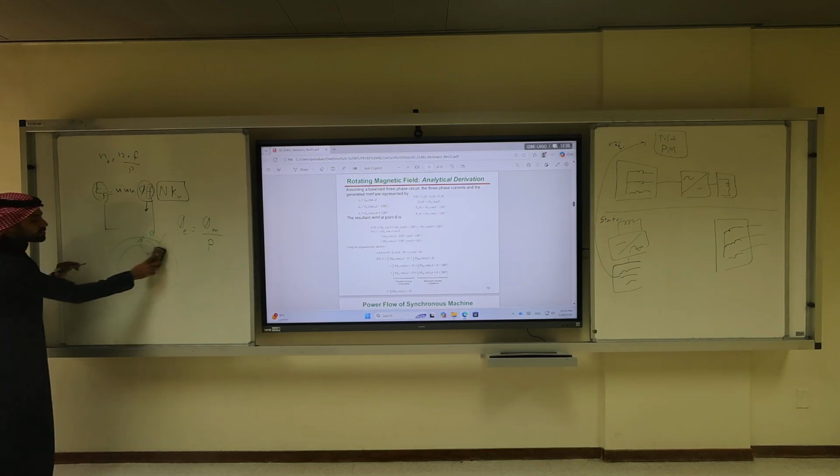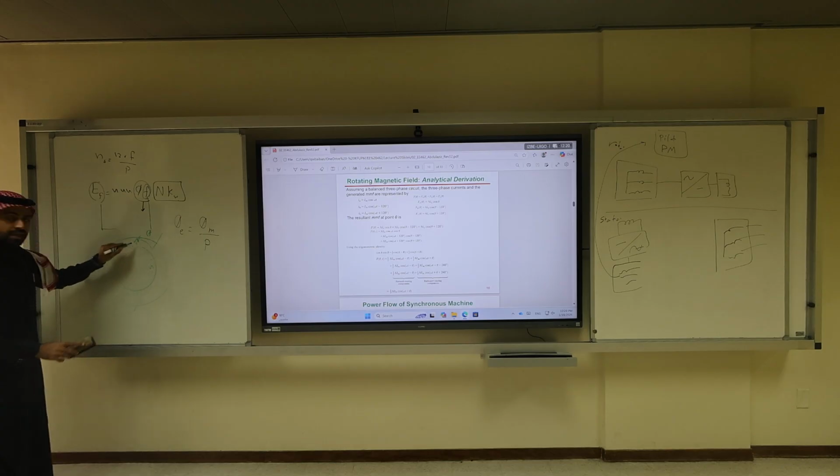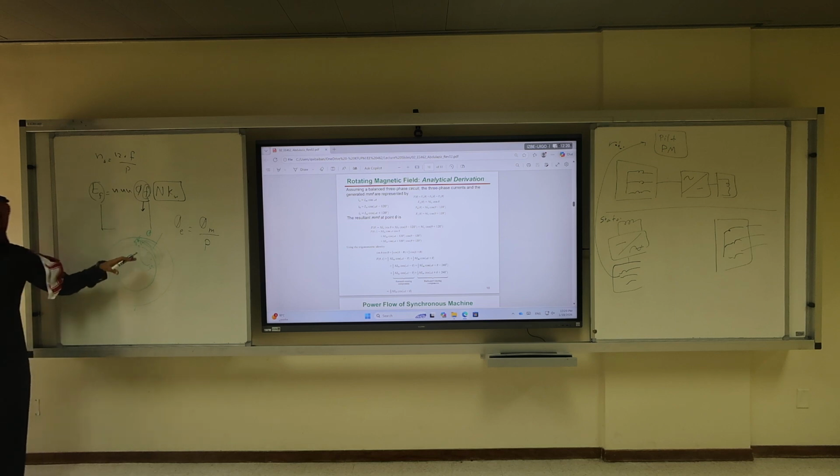If you have your south pole this way, you are 90 degrees. So your magnetic lines will look that way. Every time they rotate, the magnetic intensity changes because the MMF changes.